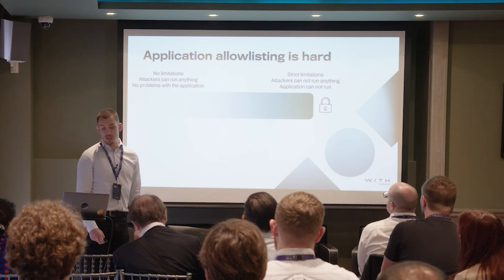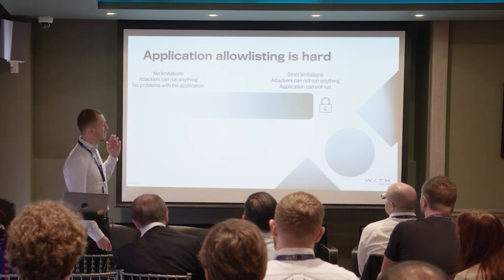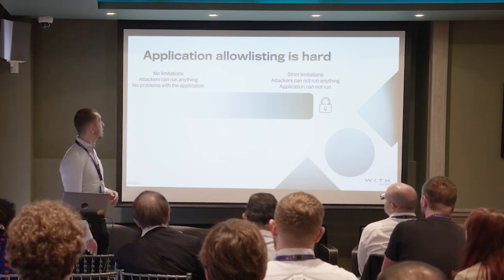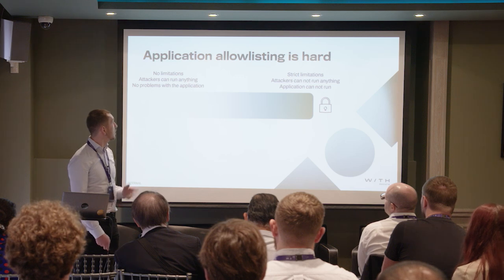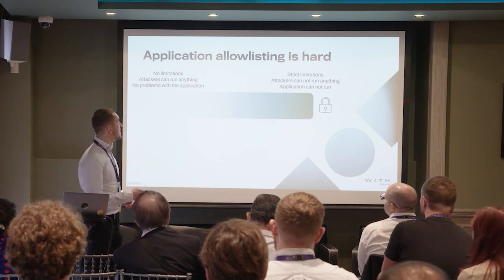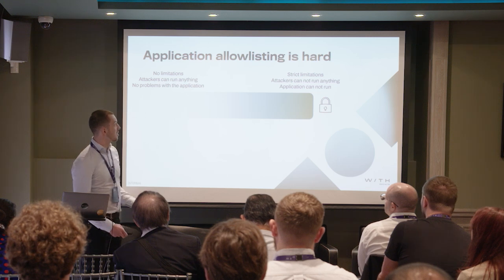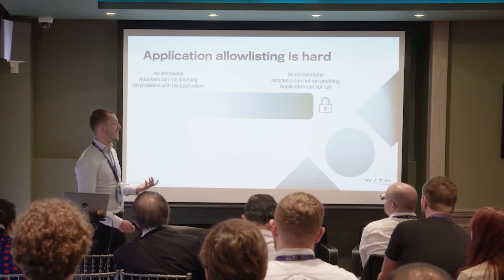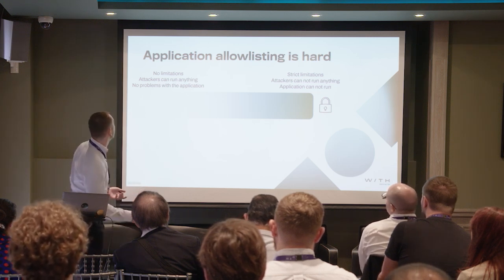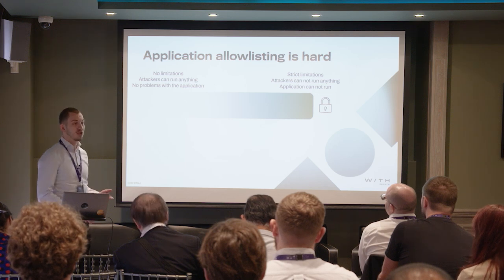To demonstrate this, we can look at this simplified model of different scales of application listing. On this side, there are very strict limitations. Nothing can be run. Attackers cannot run anything if they get there, but neither can the application. Right? On this side, there would be absolutely no limitations.